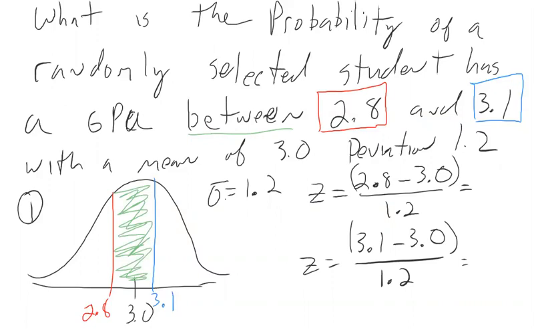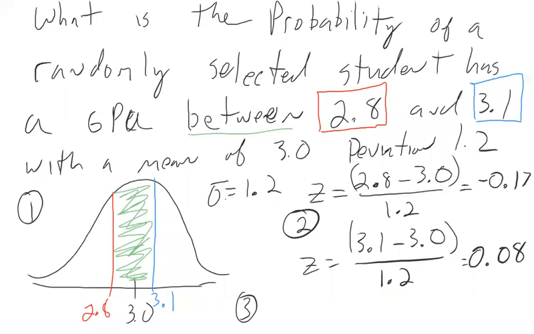2.8 minus 3 over 1.2. Negative 0.17. And a positive 0.08. So here was my step 2. So now my step 3 is to go to my table.